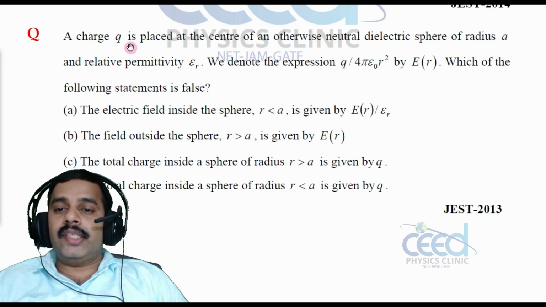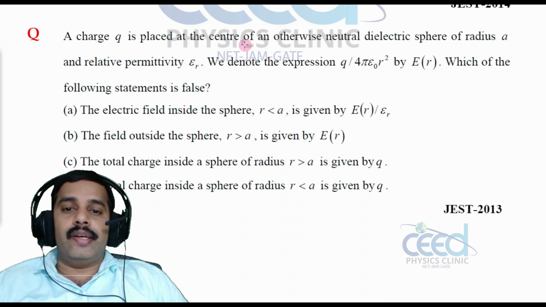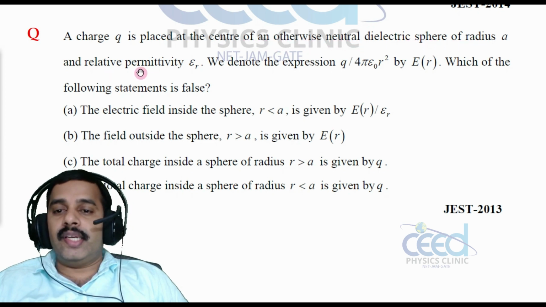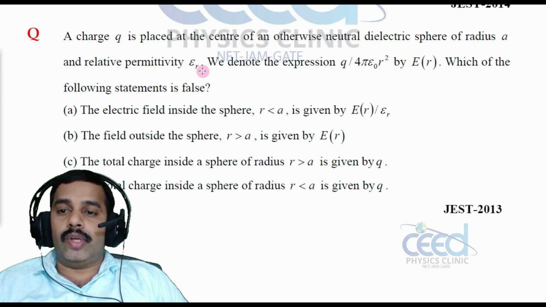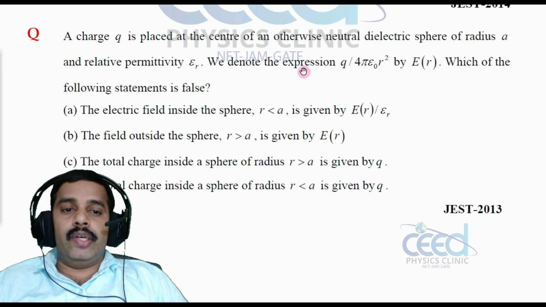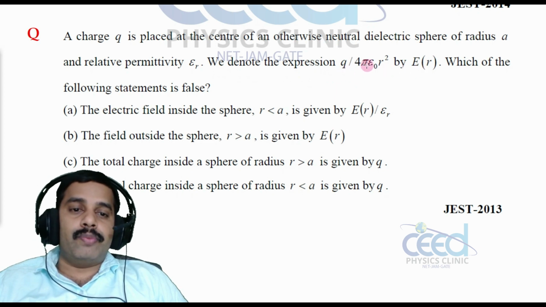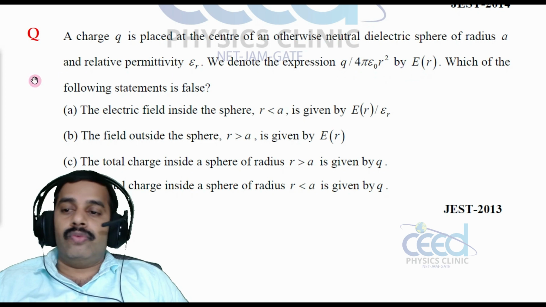Now a charge Q is placed at the center of a dielectric sphere of radius a and relative permittivity epsilon r. We denote the expression for the electric field as 1 by 4 pi epsilon 0 Q by r square for E of r.